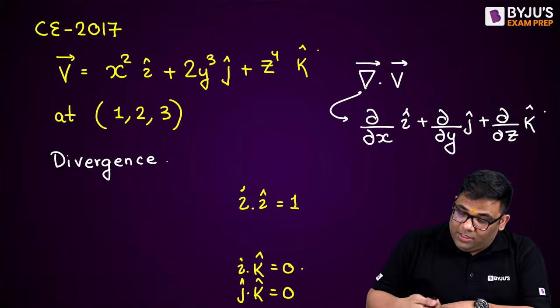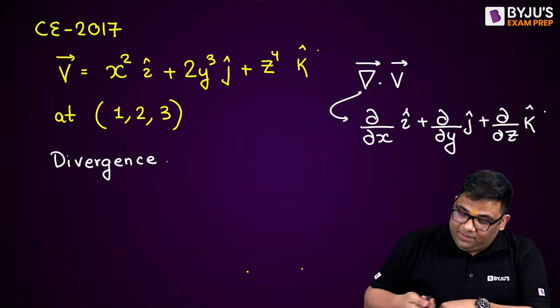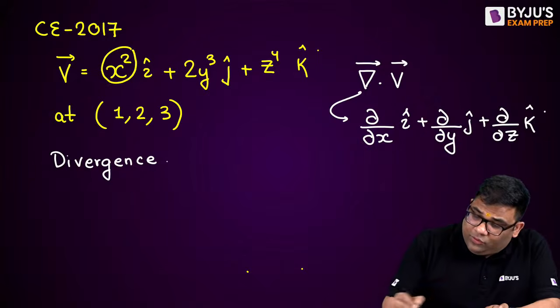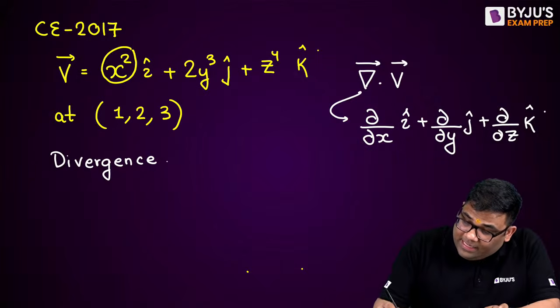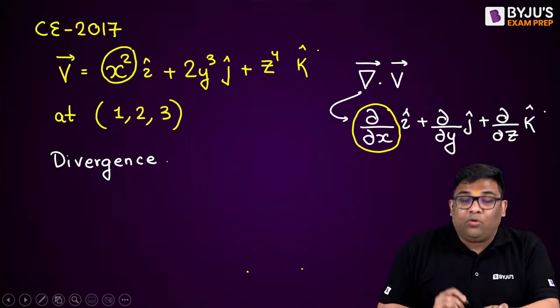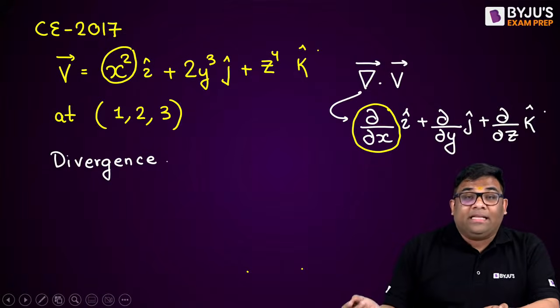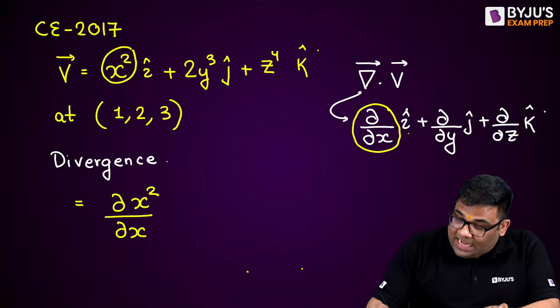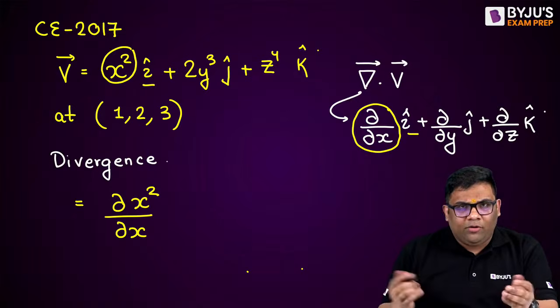So what you will do is multiply this into this. This will be nothing but the partial derivative of x square with respect to x, meaning i cap and i cap. That is how we do dot product, right?